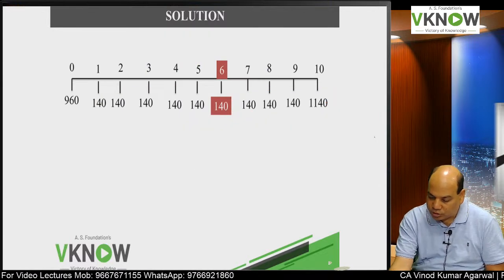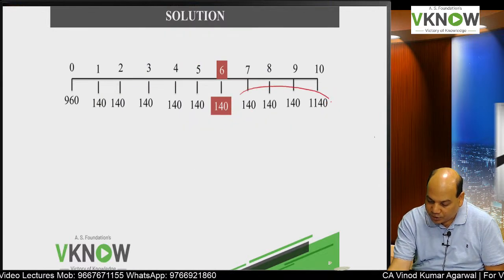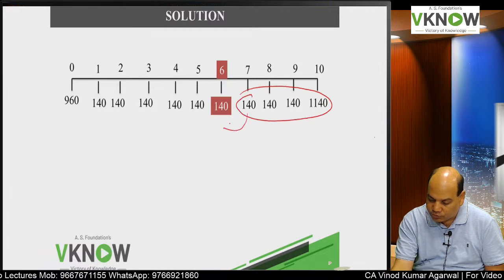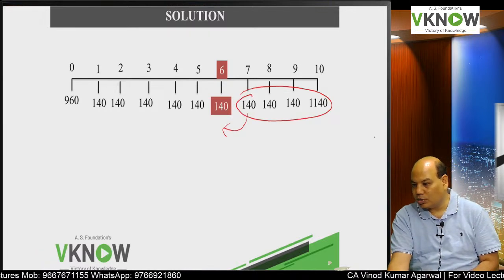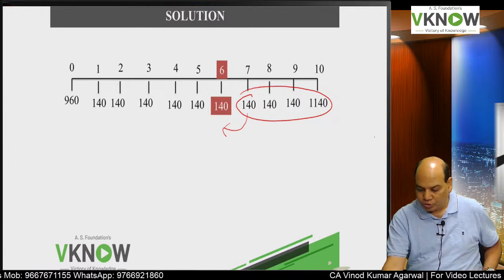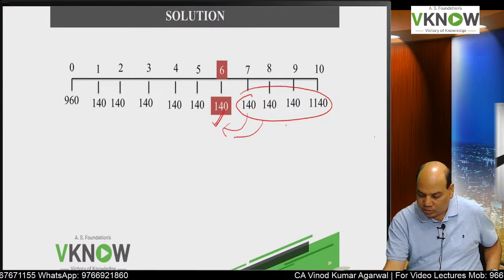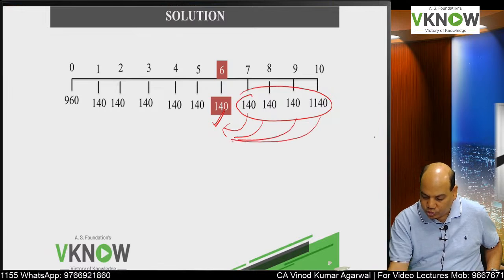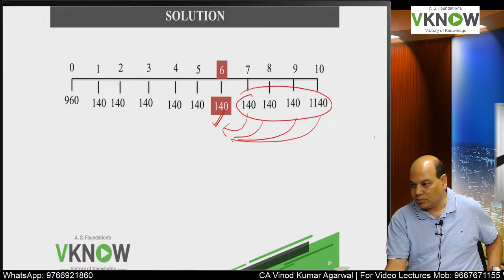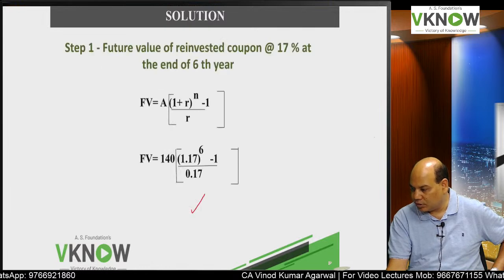We also have to calculate the present value of these cash flows, because this fellow is going to hold the bond only for 6 years. So at what amount will he be able to sell this bond? At an amount which is equal to the present value of remaining cash flows discounted at 14%.